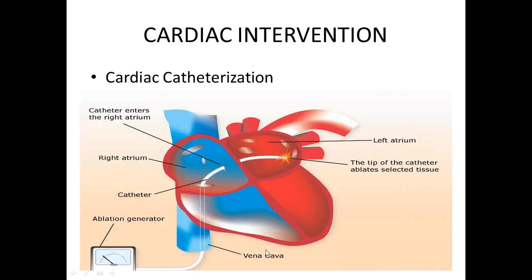So if this is the right side of the heart and the left side of the heart, say we come up through the inferior vena cava. If we do the femoral vein approach and we come to the inferior vena cava, or even the superior vena cava, and enter the right atrium, we can puncture the atrial septum and enter the left side of the heart. So we can work in the left side of the heart.